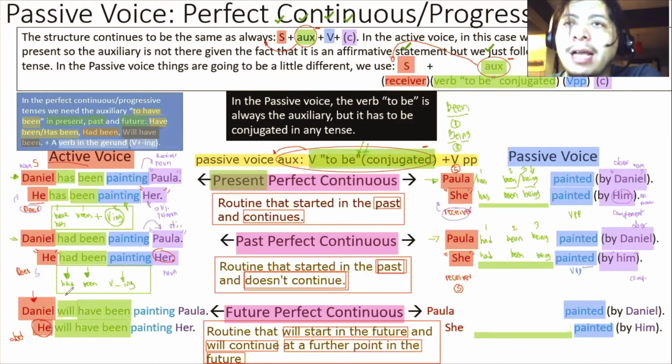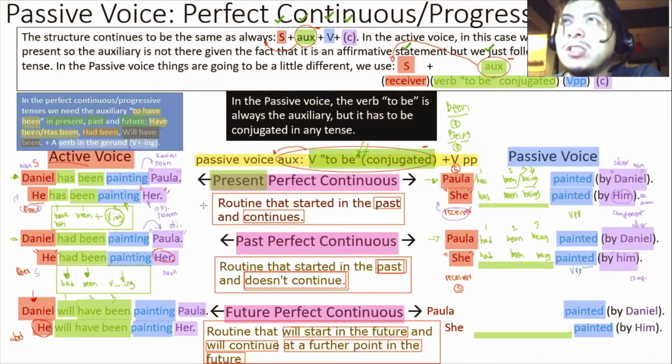My auxiliary has three parts: will have been. And the verb, when we have perfect continuous forms, is always with ing. And the complement, in this case the object, is Paula.